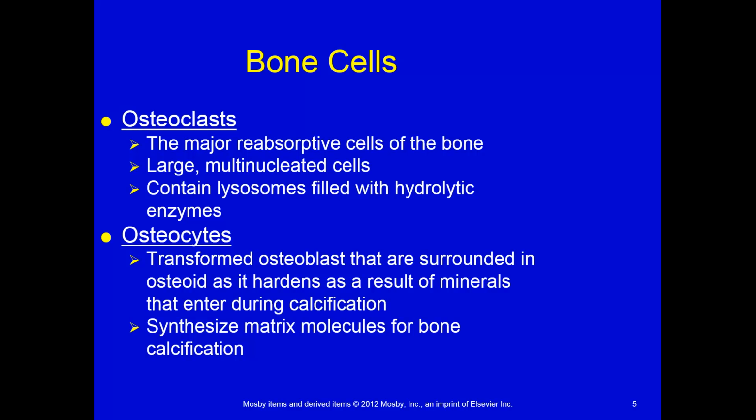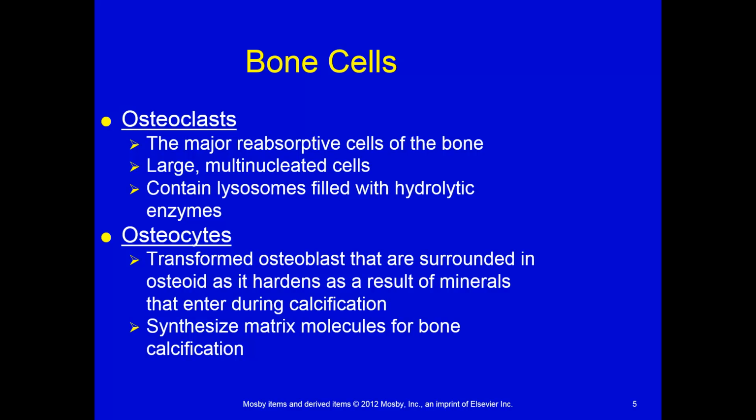And then the last cell that I want to talk about are osteocytes. Again, they are transformed osteoblasts. They are matured osteoblasts that are surrounded in that osteoid, that hardened resin that was secreted by the osteoblast. And as these transformed osteoblasts are surrounded in osteoid, they get hardened as a result of the minerals that entered the bone during calcification.